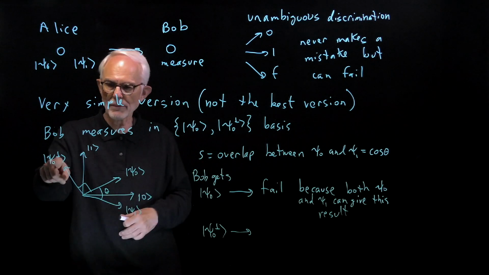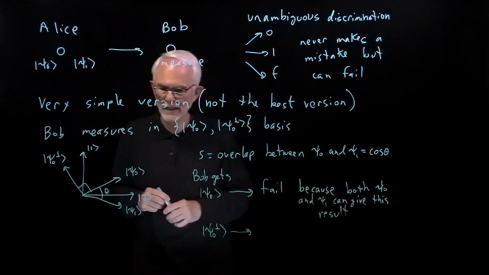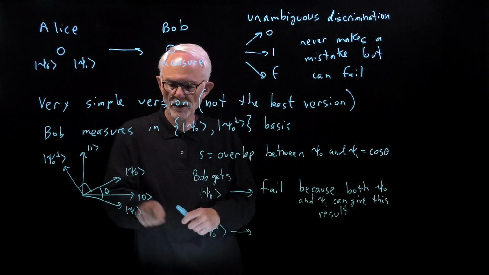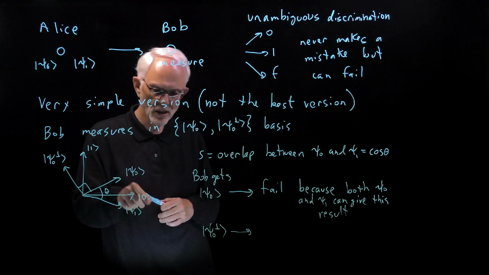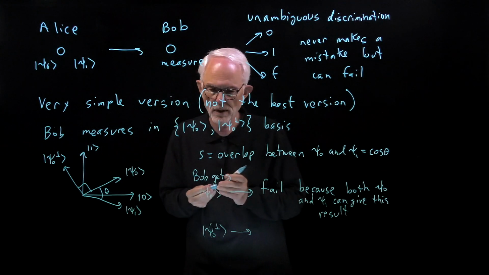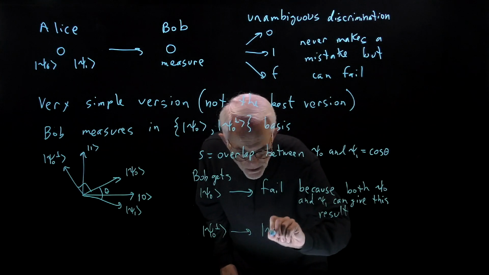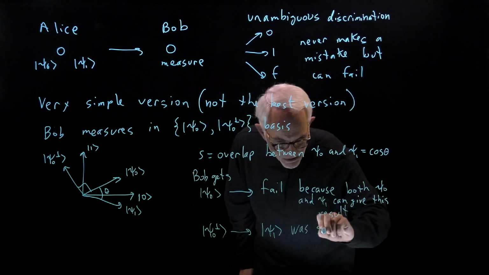So there is no overlap between psi0 perp and psi0. That means that if he gets psi0 perp, he can conclude that psi1 must have been sent. It can't have been psi0, because psi0 can't produce a result of psi0 perp. So in this case, what he can conclude is that psi1 was sent.